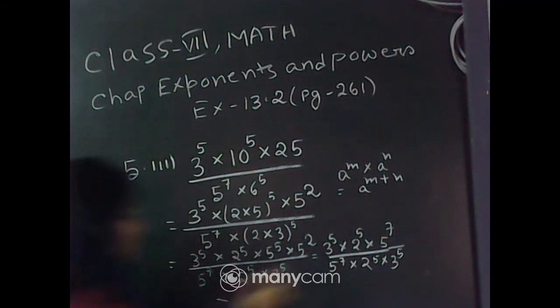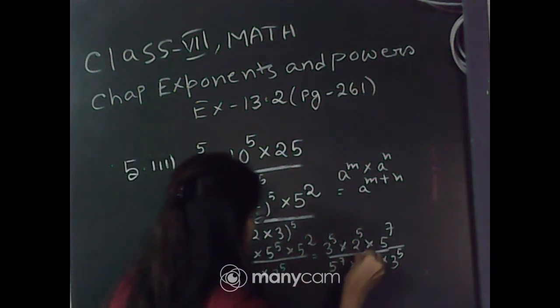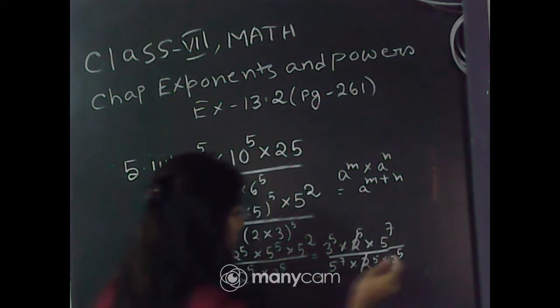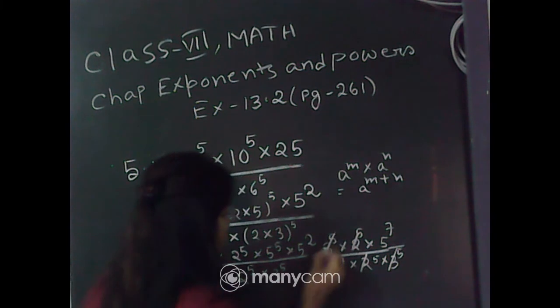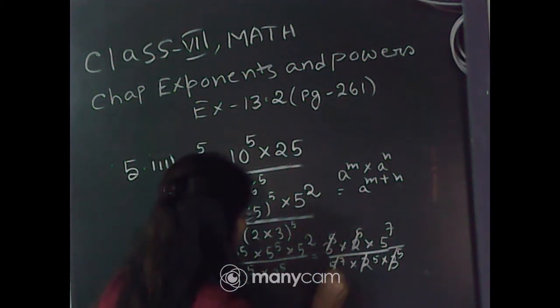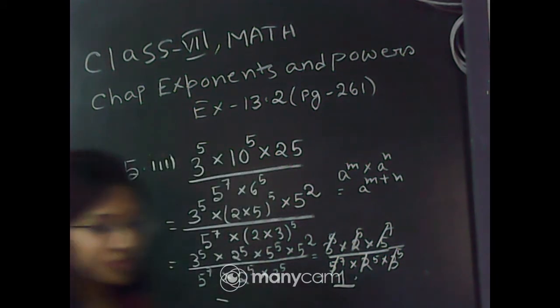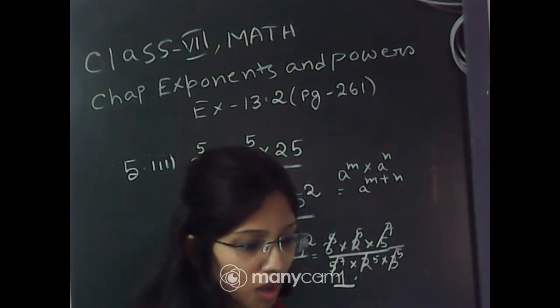And the final answer is 1. We cancel 2 to the power 5, 2 to the power 5, 3 to the power 5, 3 to the power 5 and 5 to the power 7, 5 to the power 7. So, the final answer is 1. Clear? Yes, 1 will be the answer.